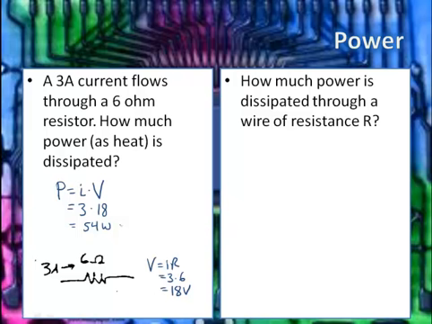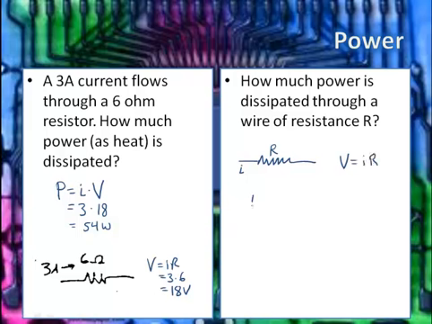Now, the last question I ask is, in general, how much power is dissipated when you move current through some wire with some sort of resistance. Instead of having an actual number, I'll just call this I, and I'll call this R. Last time we calculated the voltage, and voltage, remember, is IR.